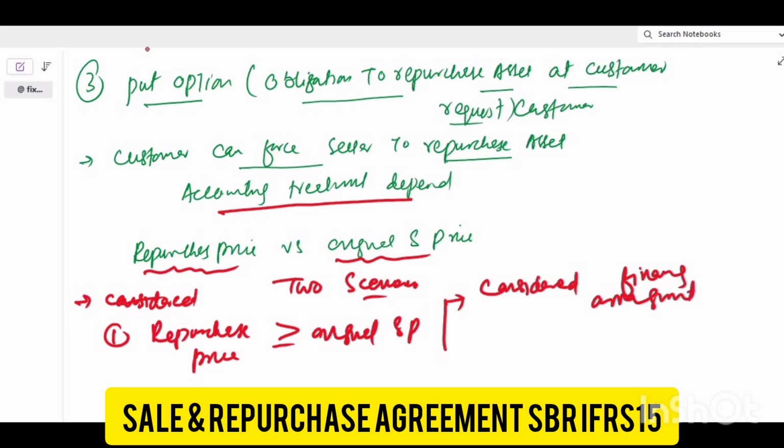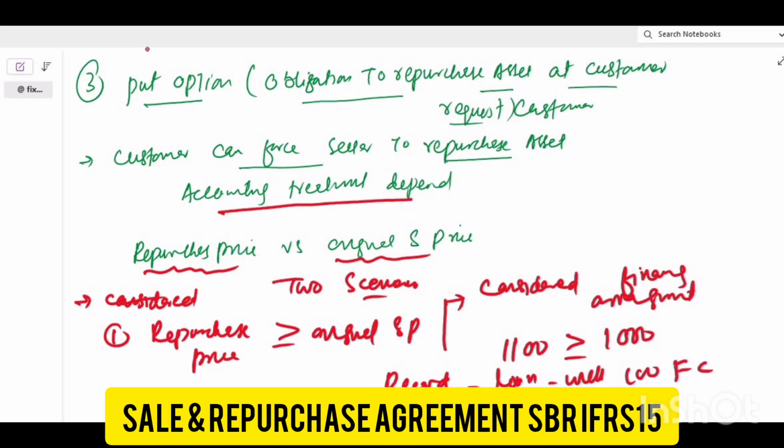Clear? In this case, let's say you have this as your repurchase price, which is equal or higher than the original price. So you will have to record a loan with $100 of finance cost. Clear?